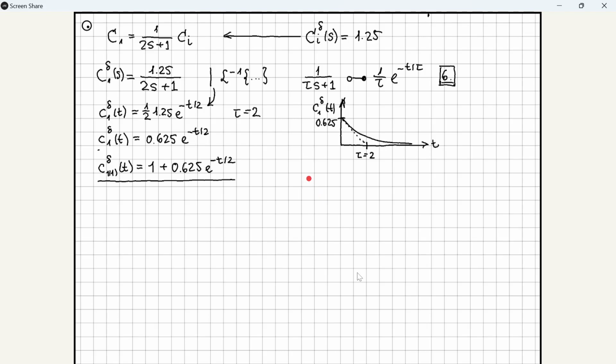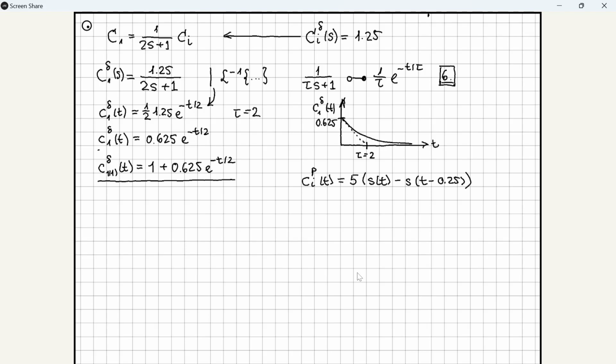Just remember, Ci pulse of t was 5 times s of t minus s of t minus 0.25.